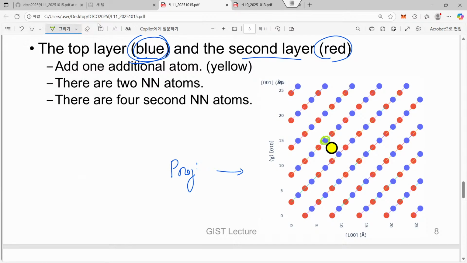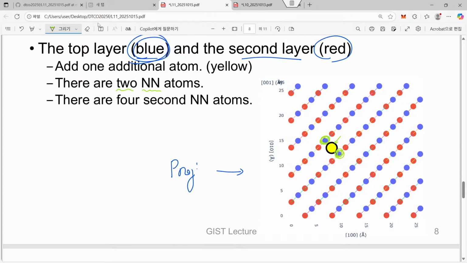These two are nearest neighbors to this newly added atom. That's the reason why I'm saying that there are two nearest neighbor atoms for this newly added atom.